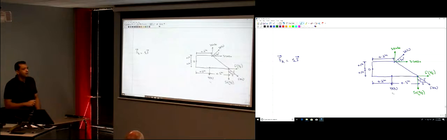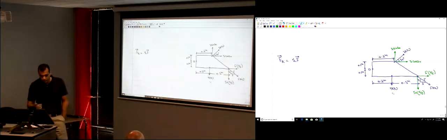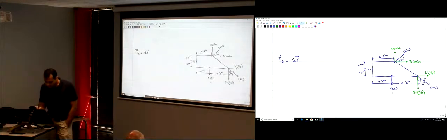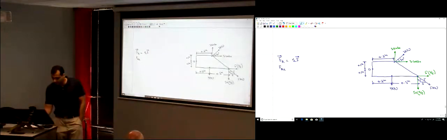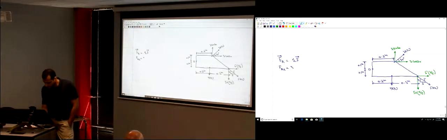So I can write this in Cartesian vector notation, or I can sum the components, okay? So here, if I sum the components, I need to find FRX. How much is FRX, the resultant in the x direction? 3 cosine 30 plus 5 times 3 over 5.